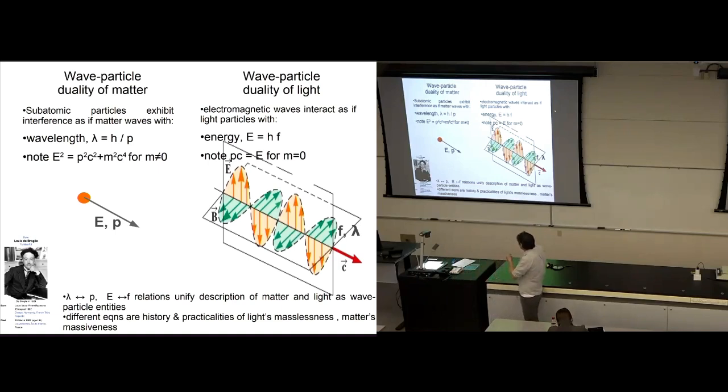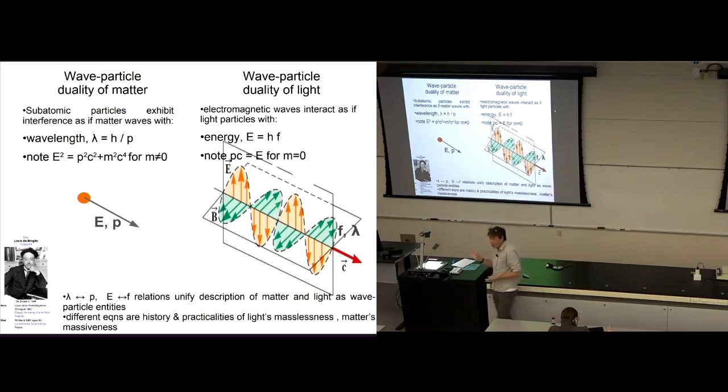So in this new equation here, p is the momentum of a particle. Maybe it's an electron, maybe it's a proton, or maybe it's an atom or a molecule. It's the momentum of that subatomic particle. And lambda is the corresponding wavelength of its matter waves: the electron matter waves, the proton matter waves, the atom or molecule matter waves. So this is the bridge between the wave-like and the particle-like properties of matter.